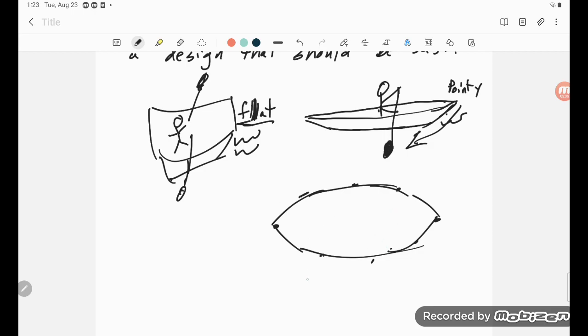I need to get a function for curves and surfaces.